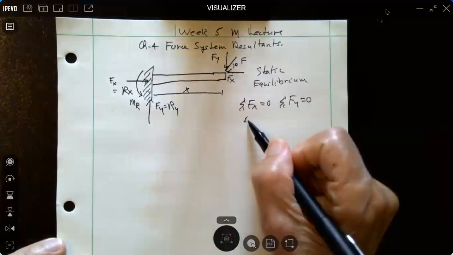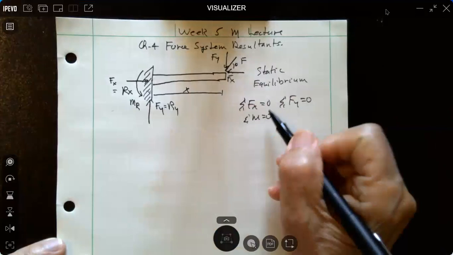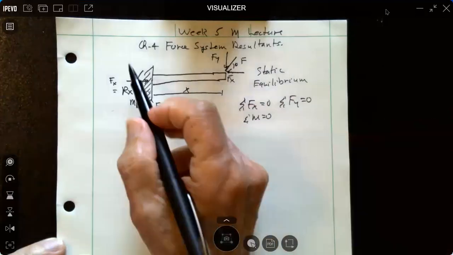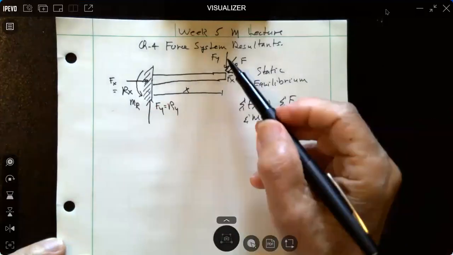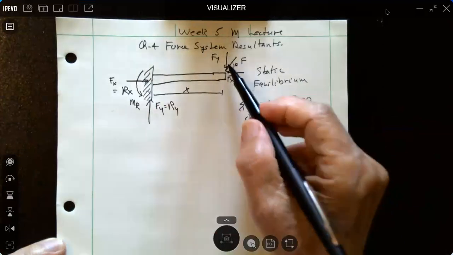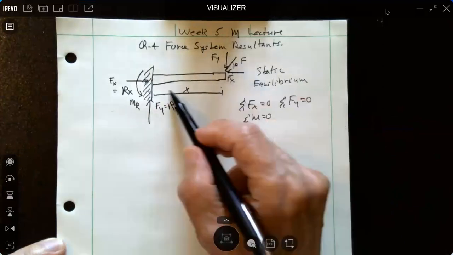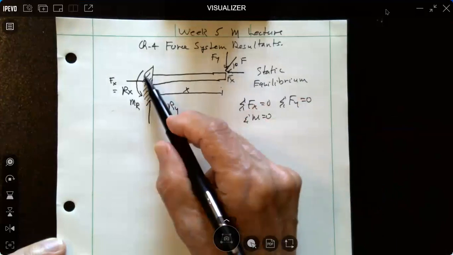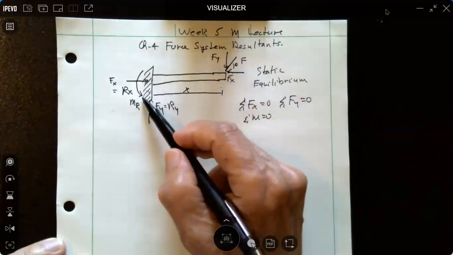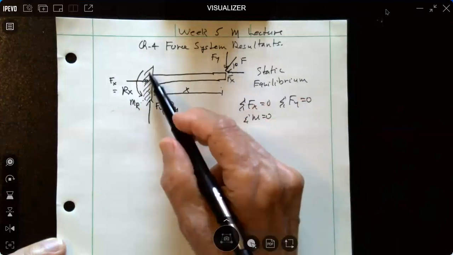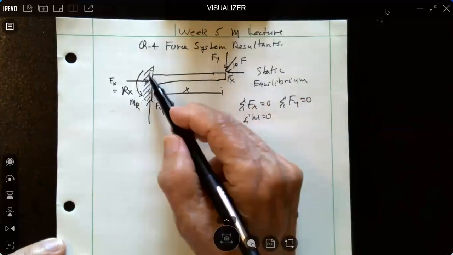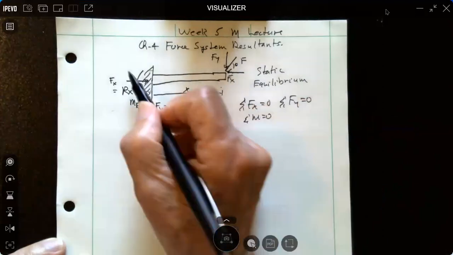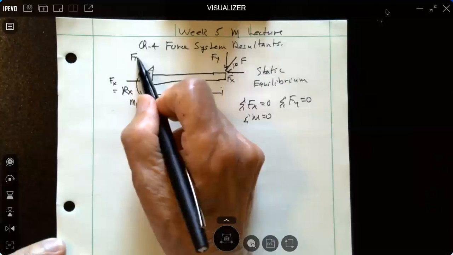And sum of moments equal to 0. We'll just call this M sub R. The moment created by F sub y times x is going to equal the moment resultant over here in this support condition. This is basically called a fixed support, we'll learn this.